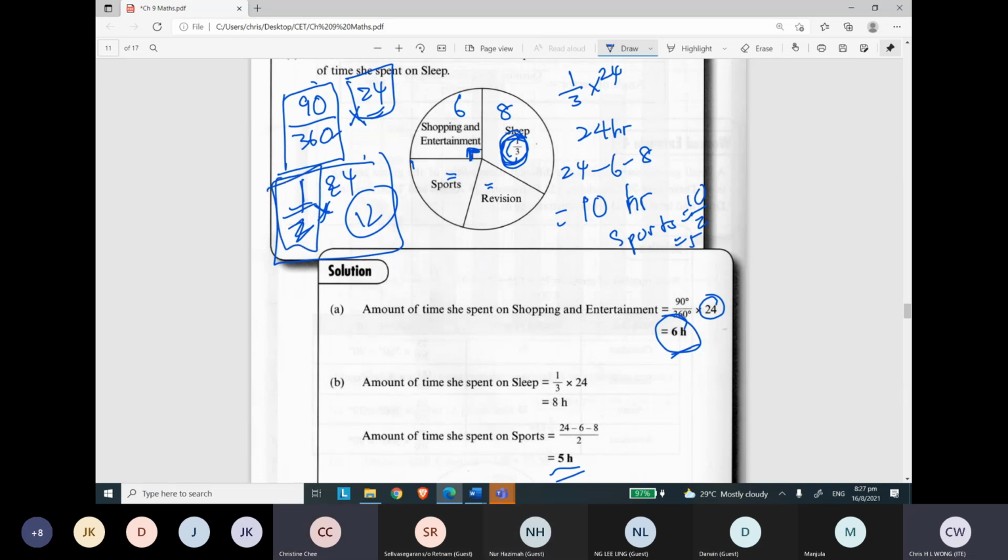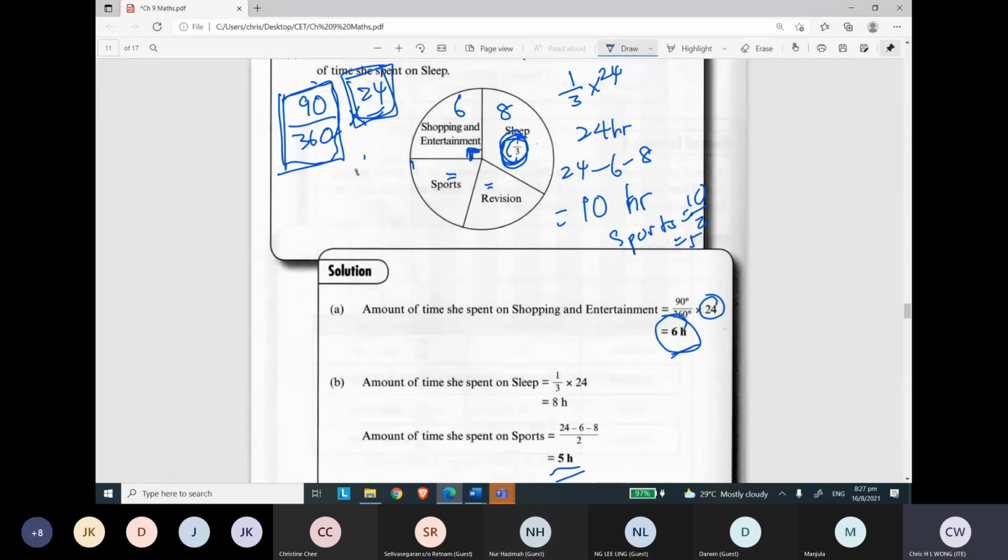So this is considered half a day. If I have 90 over 360, I times 24, it will give you the number of hours. This is just an example only.